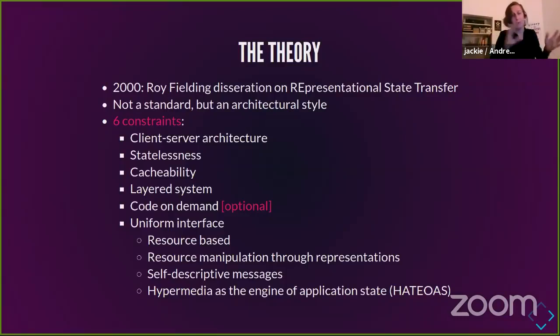In theory, I wouldn't even need documentation. Then the last thing, hypermedia as the engine of application state, just means that every resource also has links to connected resources and to actions I can use with those resources, or things I can do with the resources.